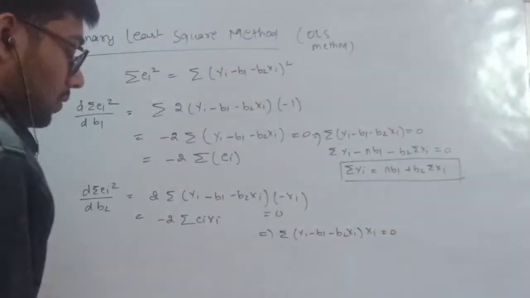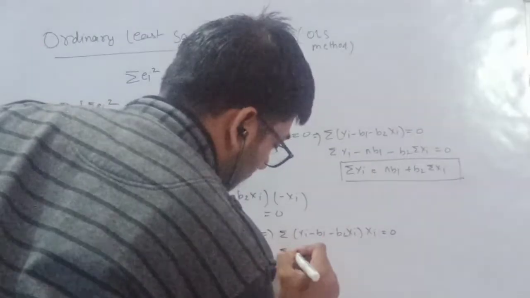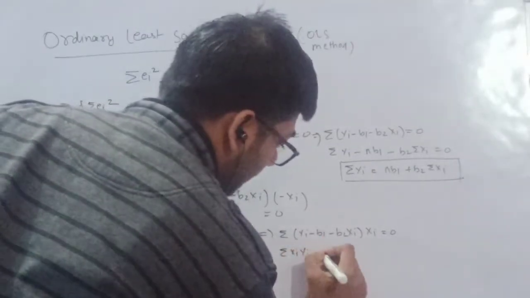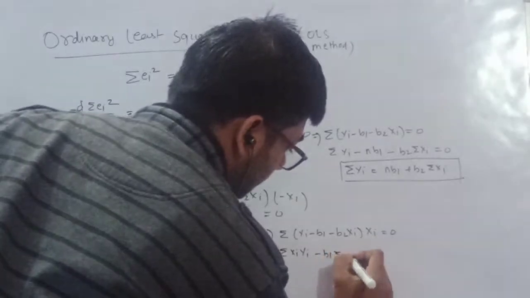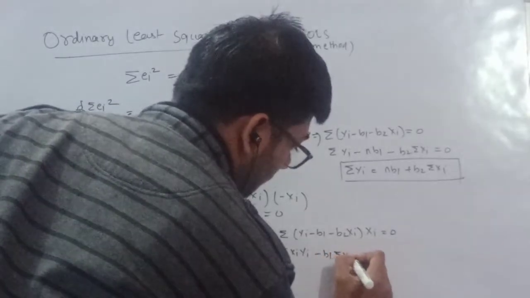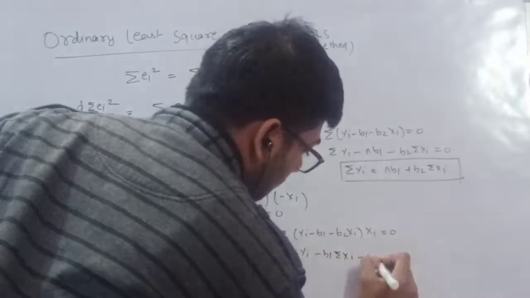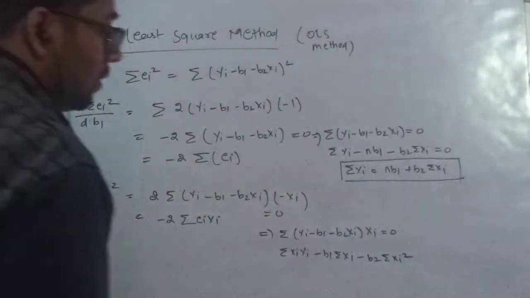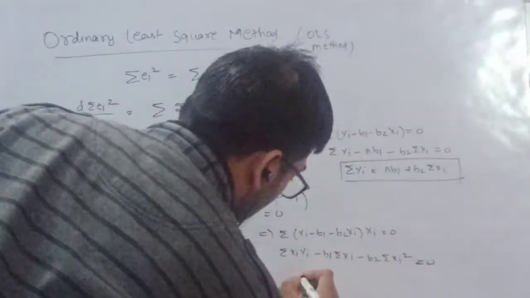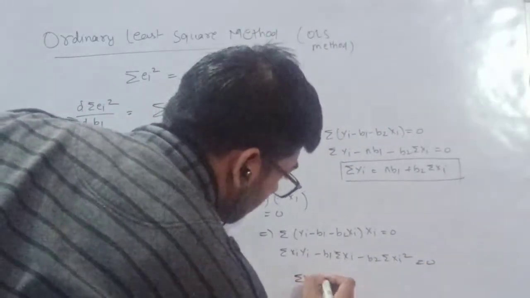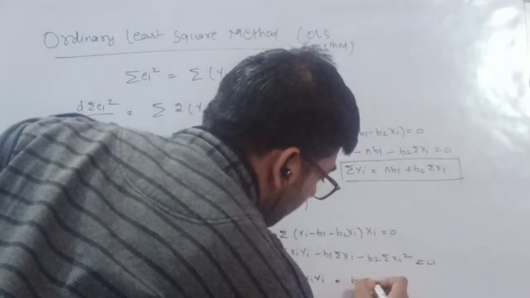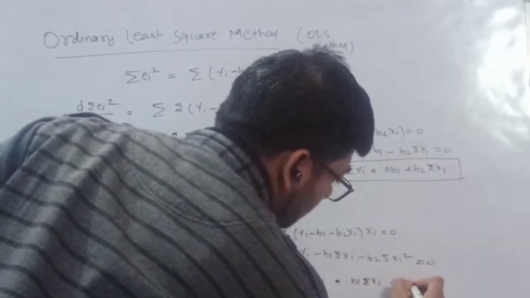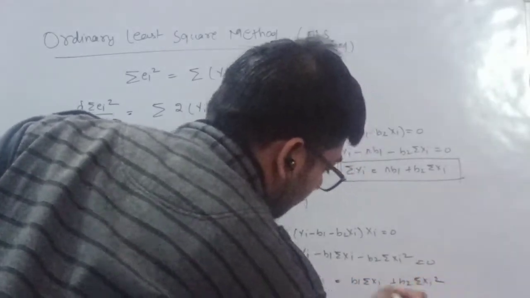Now open this: summation Xi Yi minus b1 summation Xi minus b2 summation Xi square is equal to 0. In this case, summation Xi Yi is equal to b1 summation Xi plus b2 summation Xi square.